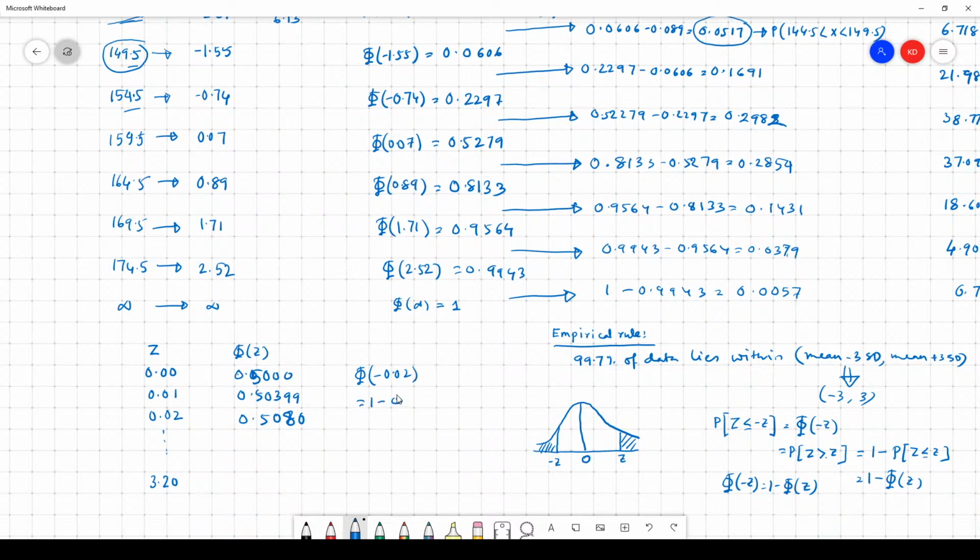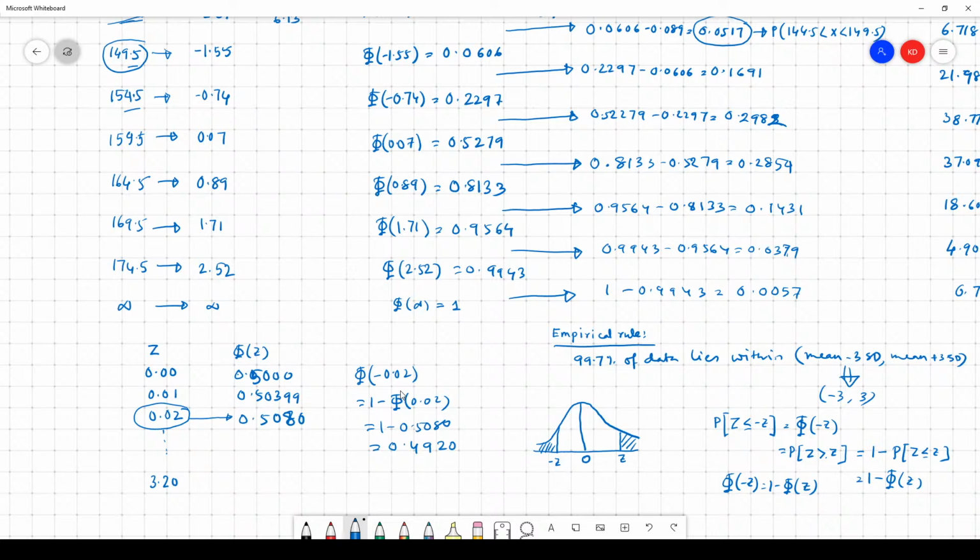That is 1 minus phi 0.02. From this table, first find the value 0.02, then go horizontally and find phi z corresponding to z equal to 0.02. Here it is 1 minus 0.5080, which equals 0.4920. So this is the value of phi of minus 0.02. In that way, you can compute phi z where z is less than 0.